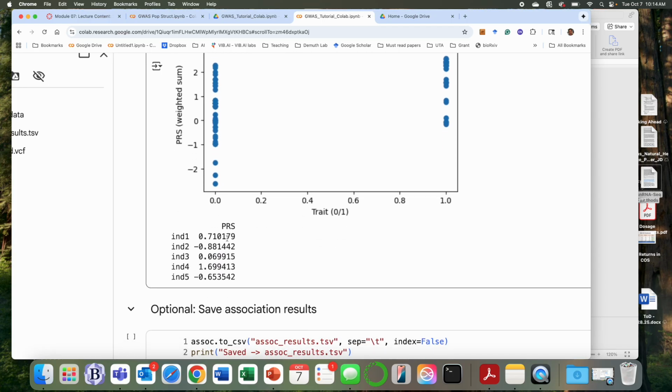And one of the reasons why that's often important in a clinical setting is that you can give an individual a polygenic risk. This happens when you get genetically tested and you see a genetic counselor to help you interpret it. But like individual number 4, based on its genotype across all 200 SNPs, is 1.69 times more likely to have the trait than not.